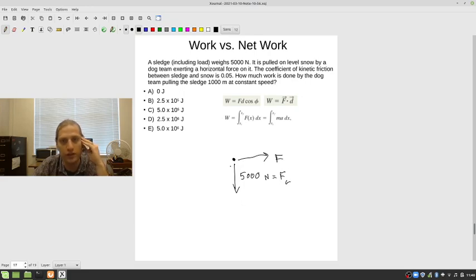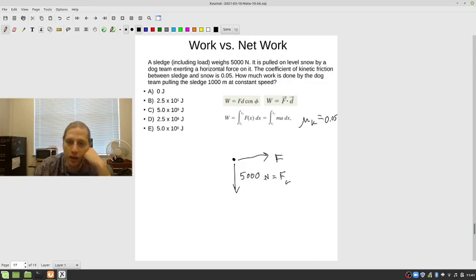We're not given the size of that force, but we are given the coefficient of kinetic friction, which is going to be 0.05. How much work is done by the dog team pulling the sledge 1,000 meters at a constant speed?